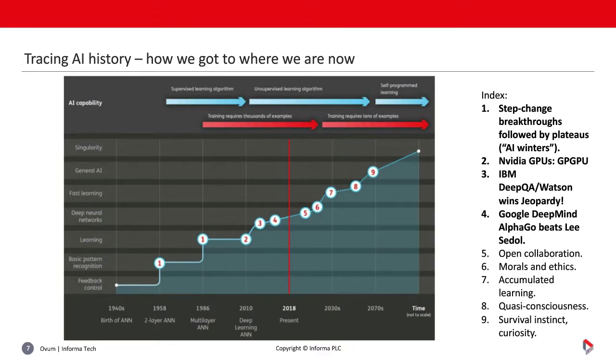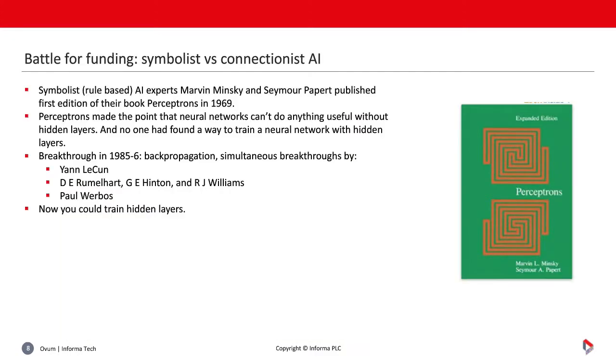If you look at that first plateau between 1958 and 1986, that plateau, which is today called an AI winter, was largely due to a book published by Minsky and Papert back in 1969. It really dried up funding for neural networks because at that point in time, you didn't have a neural network that had a hidden layer. There was just an input and an output. You couldn't train anything in between.